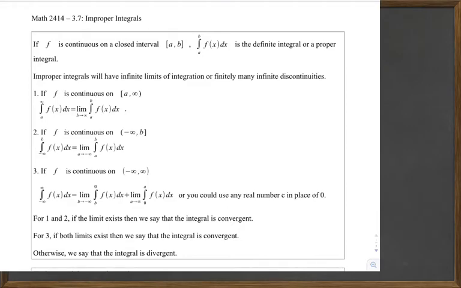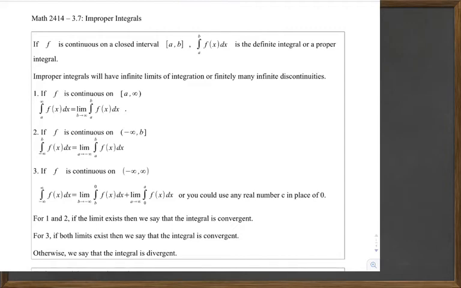Improper integrals will have infinite limits of integration or finitely many infinite discontinuities on the interval that we're going to be integrating. So let's look at this: if f is continuous on the interval [a, infinity), closed at a, then the integral from a to infinity of f(x) dx is defined to be the limit as b goes to infinity of the integral from a to b of f(x) dx.